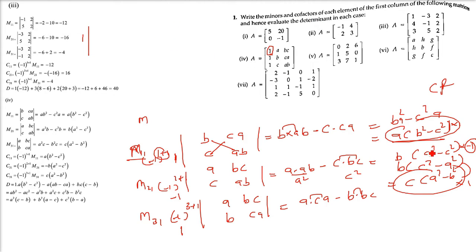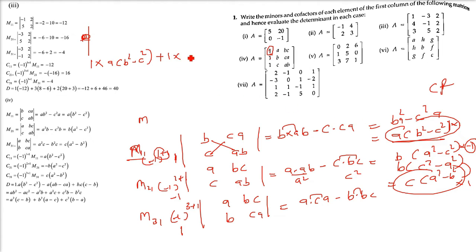So in order to find out the normal way, you have to do minus plus like that. But cofactor, because sign has already been taken care of, just multiply 1 by cofactor a into b square minus c square, then plus, don't worry about sign, don't make negative, plus 1 into b into c square minus a square.